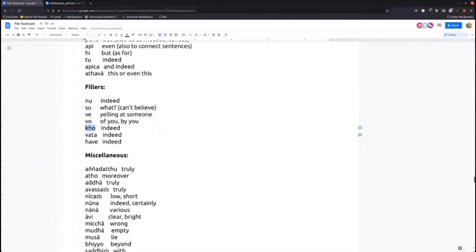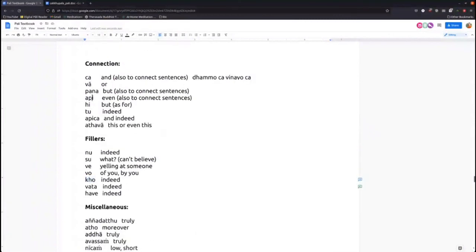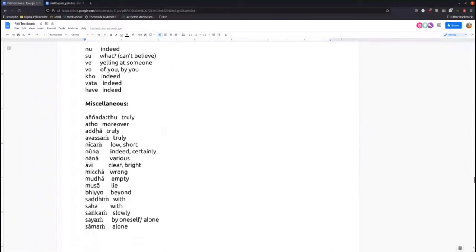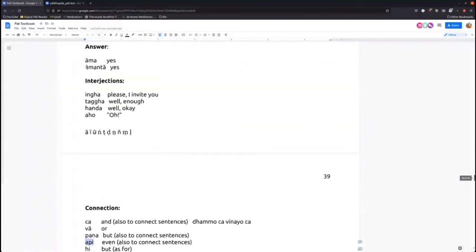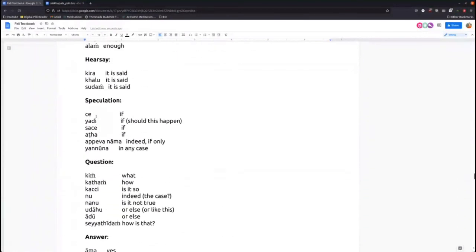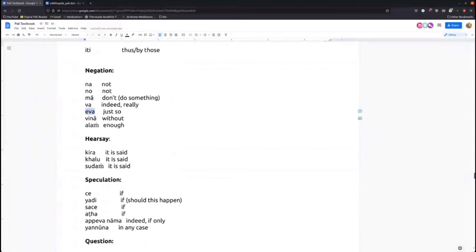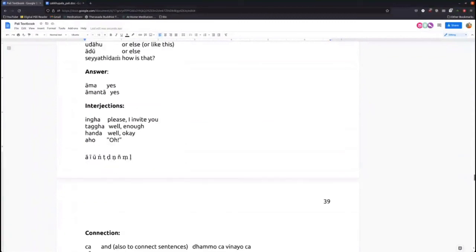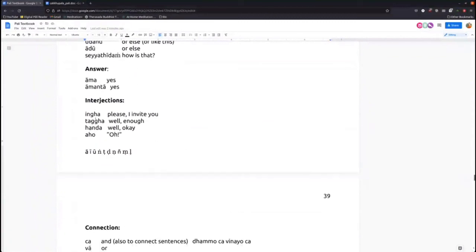Ko is just emphatic. Ko api eva. Where's eva? We already have eva in the negatives, I think. But eva isn't just a negative. It's also just emphatic, and you can sometimes see it with va, which confuses you because we had va for a simile, right? But va usually just means eva. You'll see that a lot. It's eva, but it looks like va.